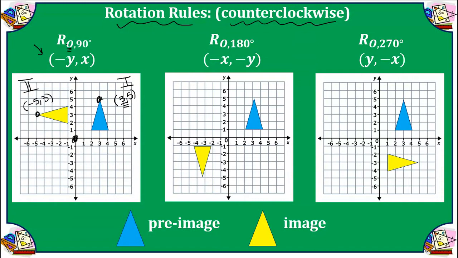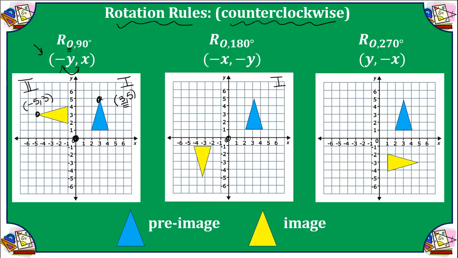This is an O, a capital O. So we are rotating, capital R for rotation. Then the subscript is O, 90 degrees. We are rotating about the origin and we are going counterclockwise. The rule is the x coordinate stays the same, the y coordinate changes to the opposite, and then they switch positions.